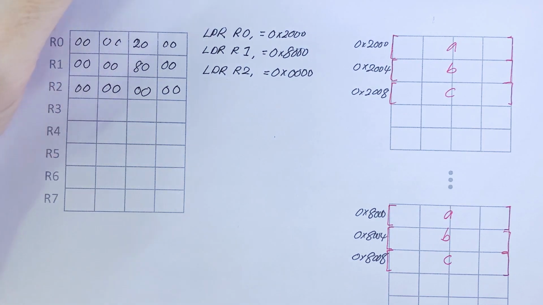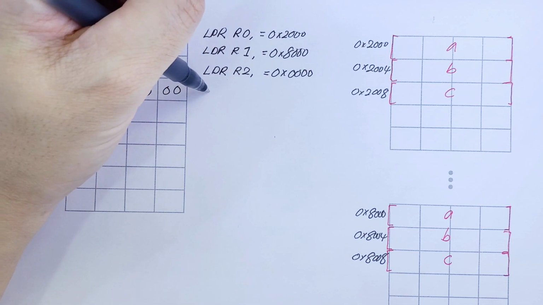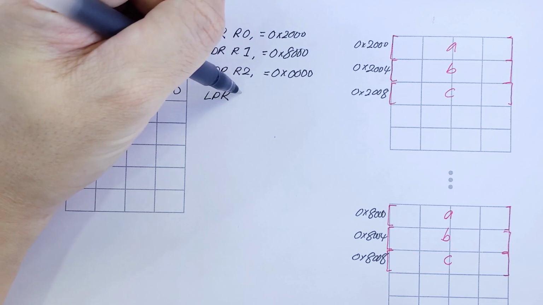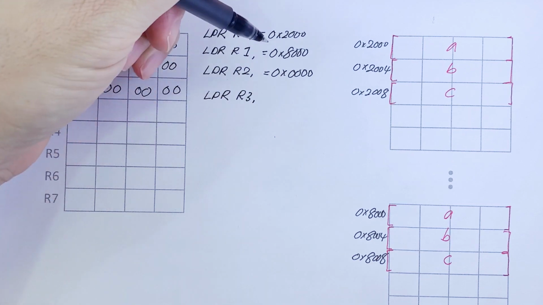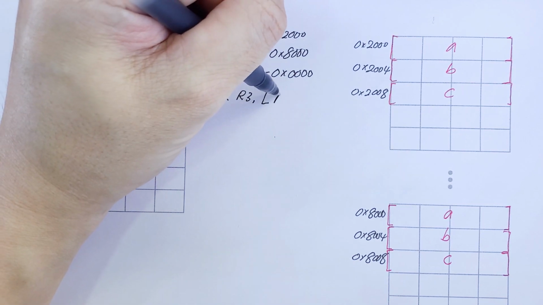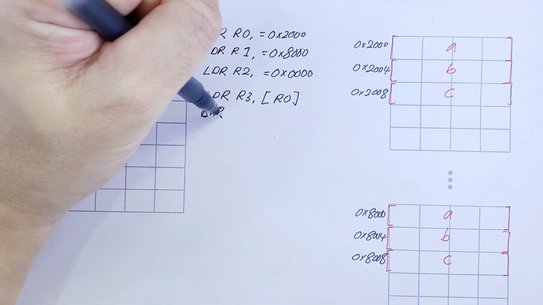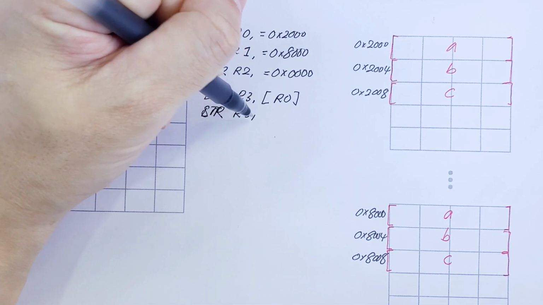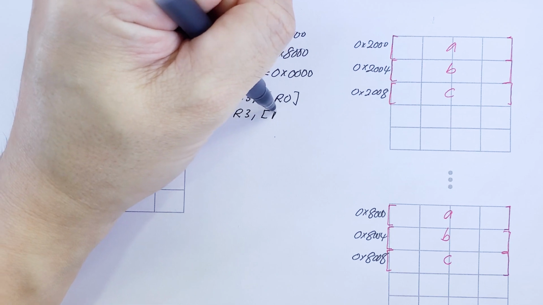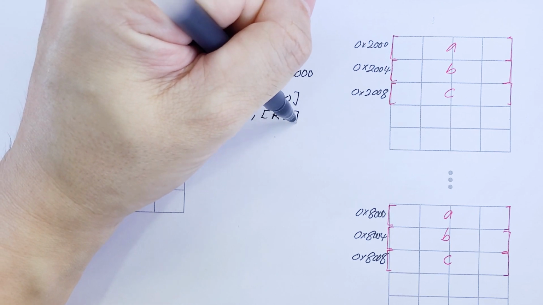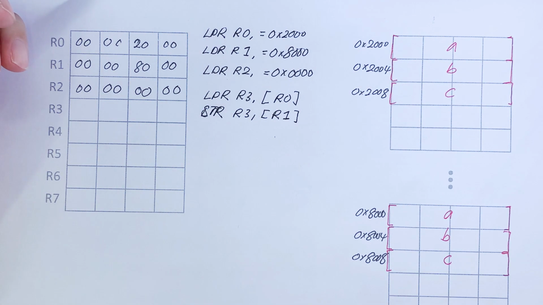The way we solved it in the last video is by loading the value from the memory of R0, then we store the value back to the memory pointed to by register 1.